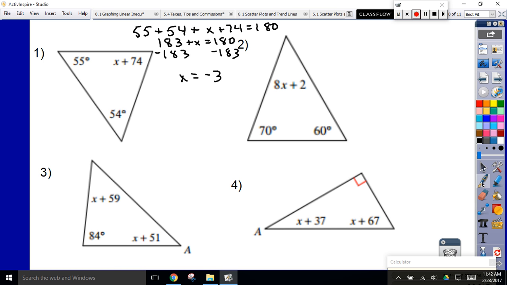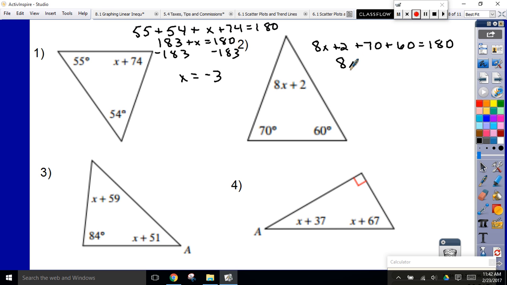Madison, tell me the equation for the next one. 8x plus 2 plus 7 plus 6. Okay, what would I do first to solve it? Add 16. Okay, what do I get? 134. Good.